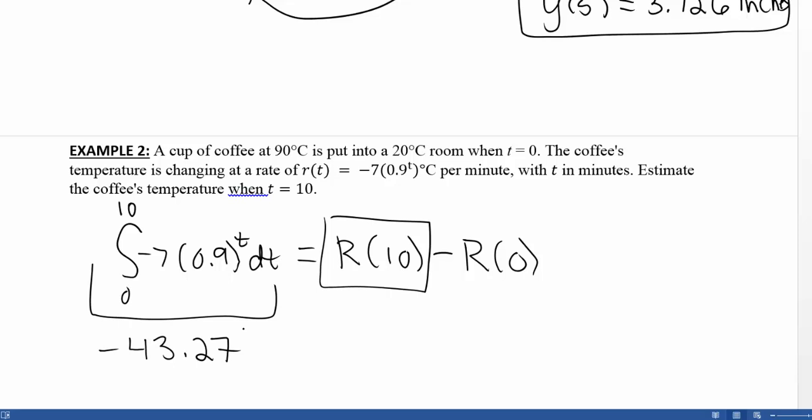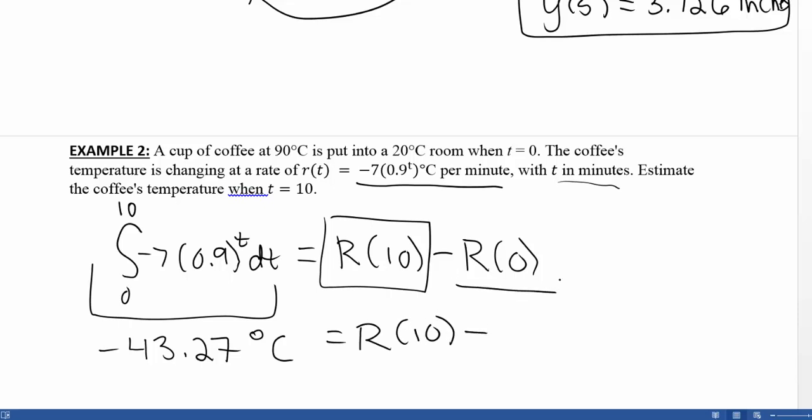The units of my function were degrees per minute, and my bounds were in minutes. So degrees per minute times minutes: the minutes are going to cancel. So this is -43.27 degrees Celsius.